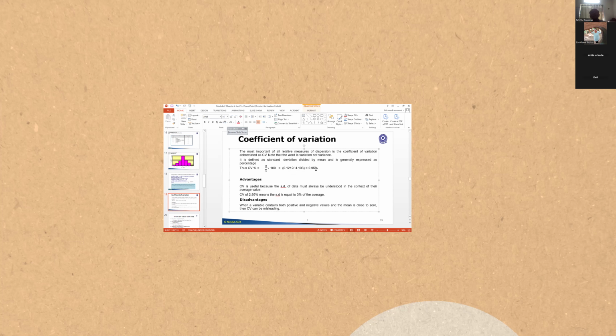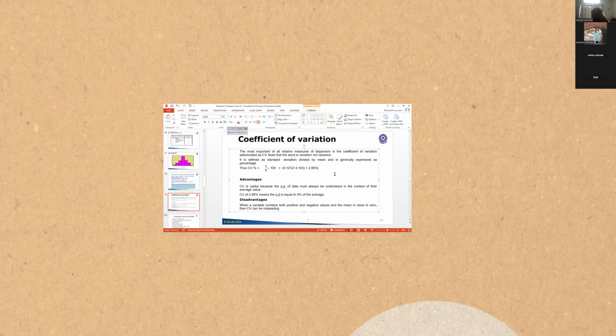Correct? So what is the meaning of that? It means the variation is about 3%, 2.95.